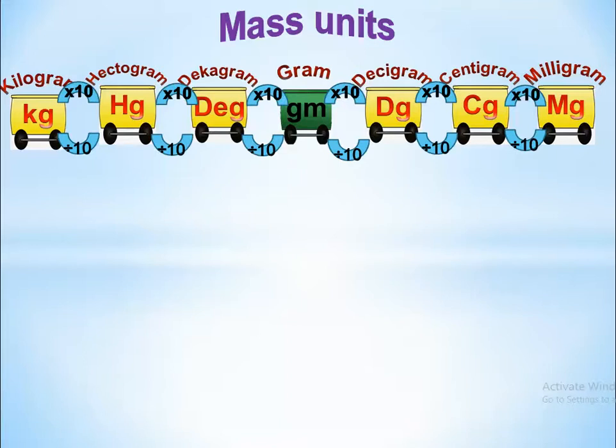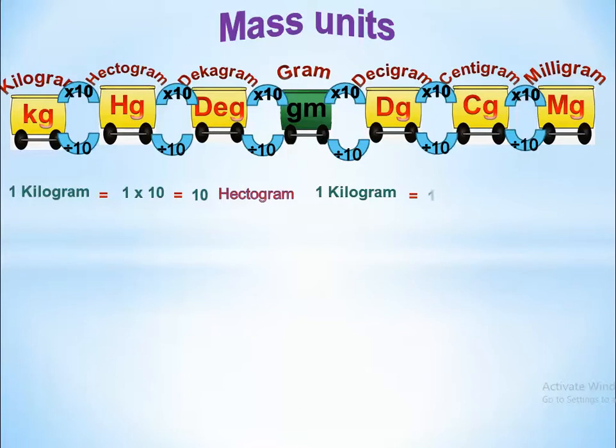Let's see. So we have 1 kilogram. 1 times 10 equal 10 hectogram. From kilogram to decagram, we are going to multiply by 100.